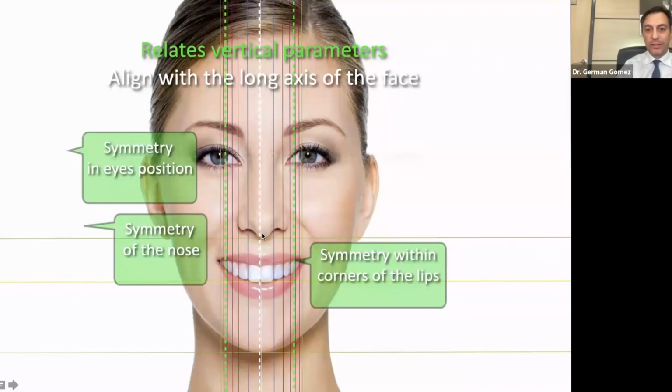More or less it is, but here we have a bigger nose on this side than on this side. The line is a little bit on this side, because the midline is a little bit on this side. Is there symmetry in the corners of the lips? Are both corners of the lips really on the same level? Maybe on one side it is higher than on the other side. Who knows? You analyze that.